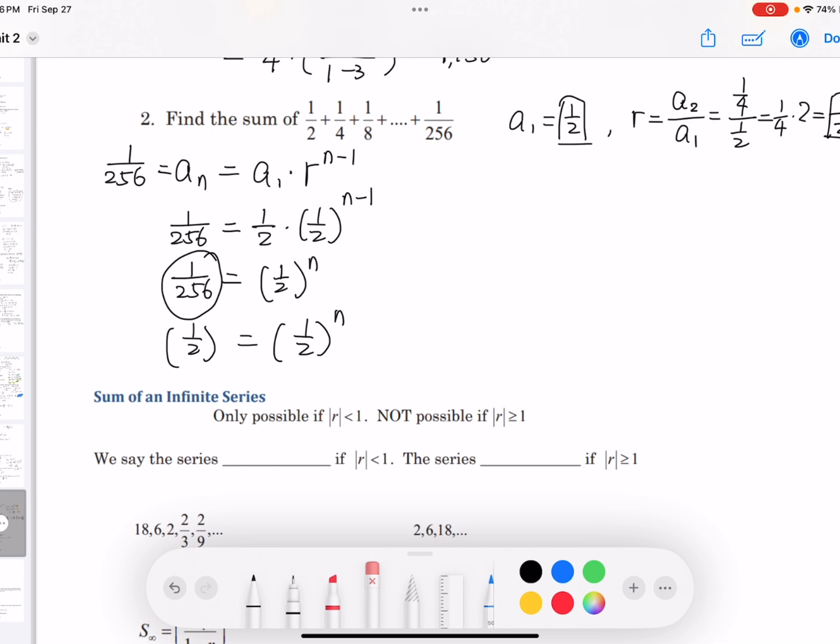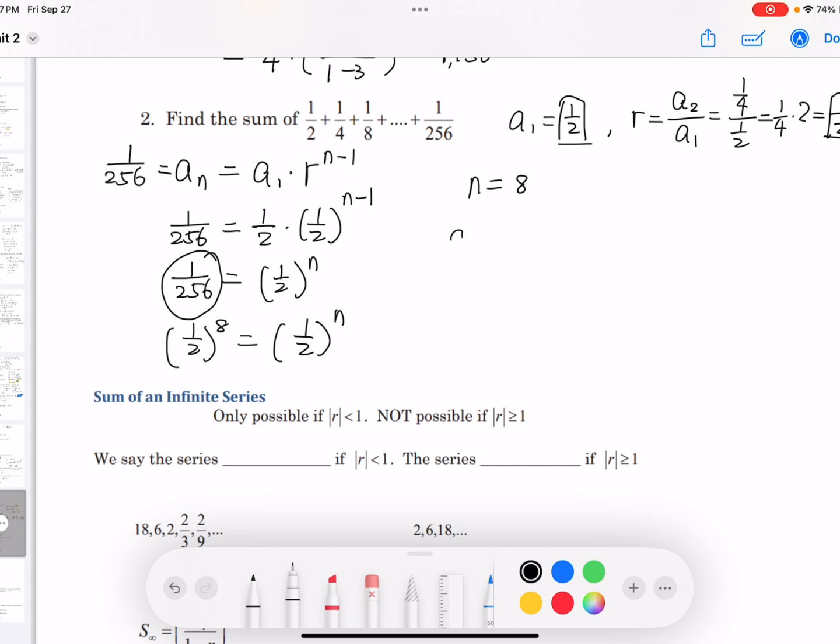So I use my calculator. I tried that. 2 to the 8th is equal to 256. So the n is equal to 8. Yes, I proved that n is equal to 8.